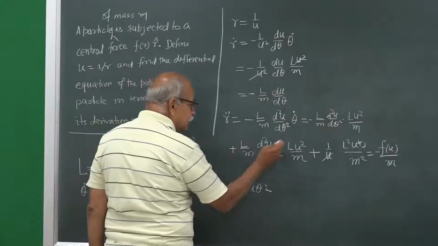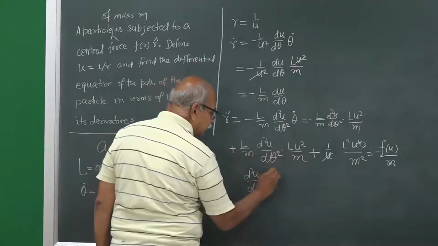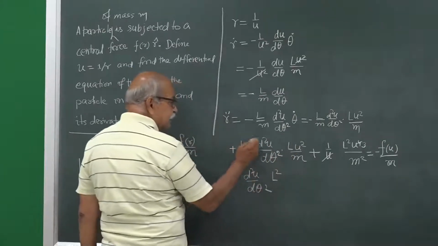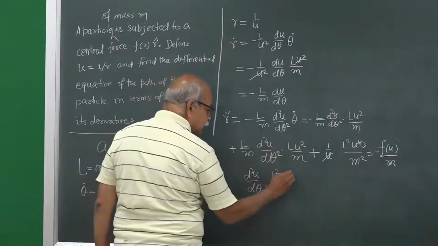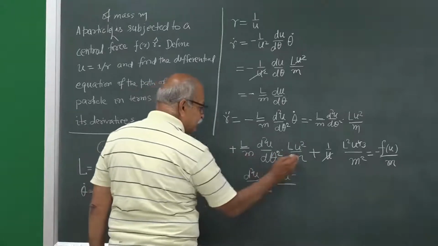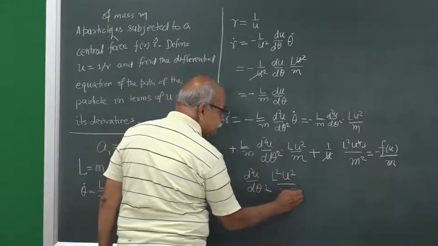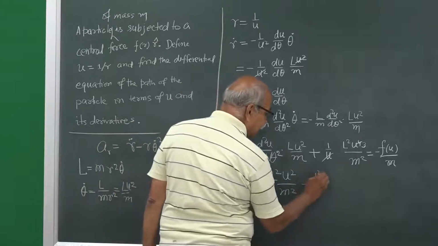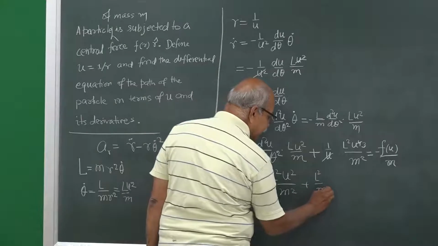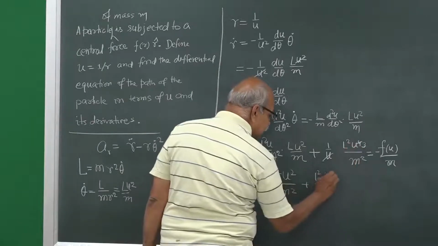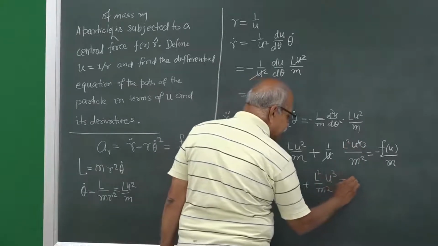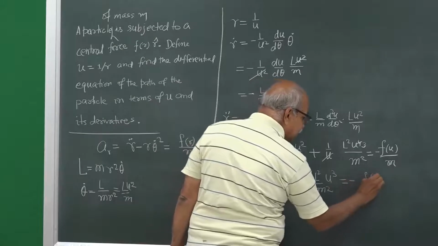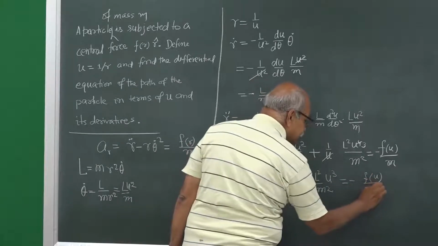Then it is L square u square divided by m square, plus L square divided by m square and u to the power 3, and this is minus f u divided by m.